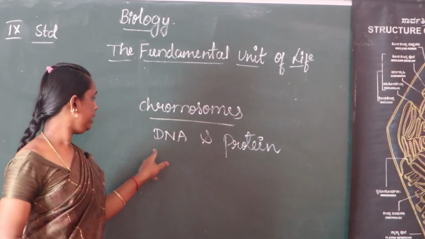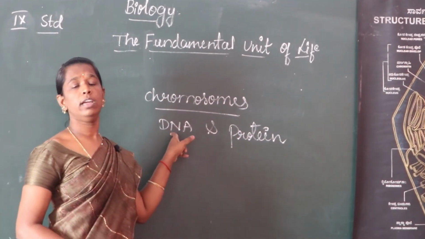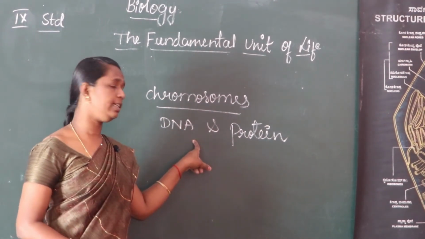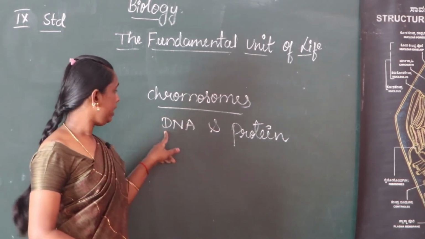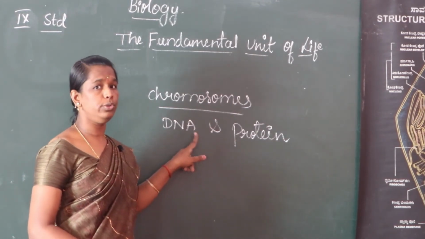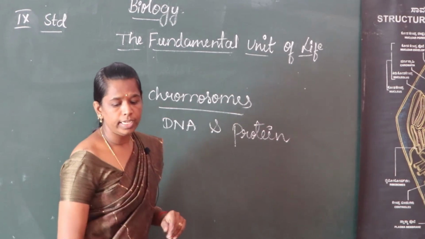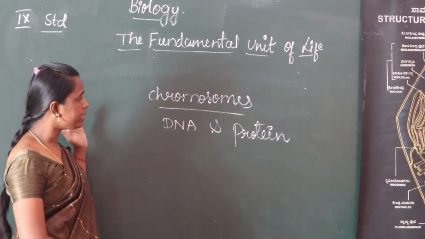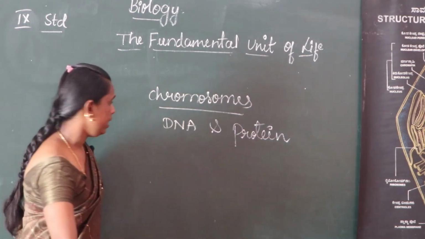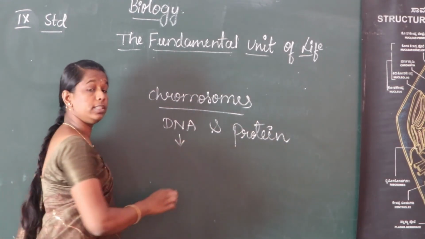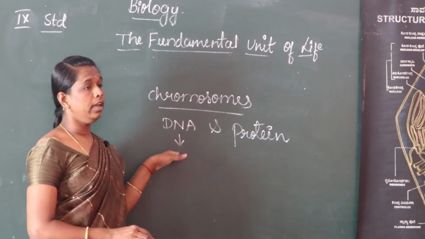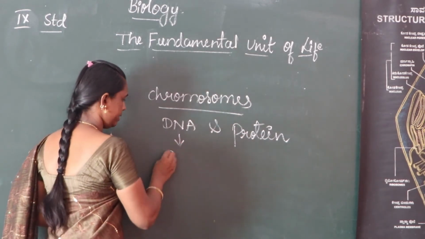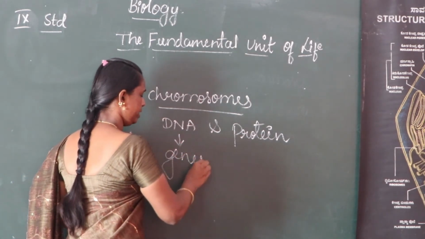Chromosomes are made of DNA, deoxyribonucleic acid. You know this. In DNA and protein, the main functional segments in DNA are called genes.